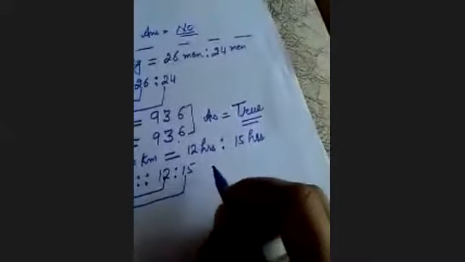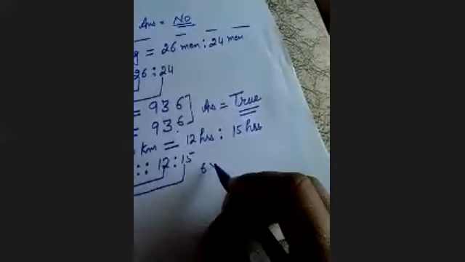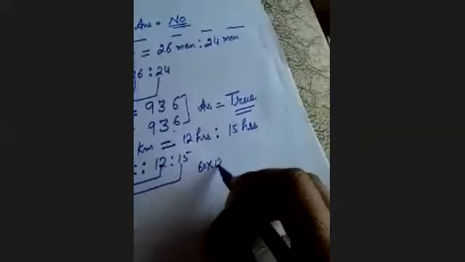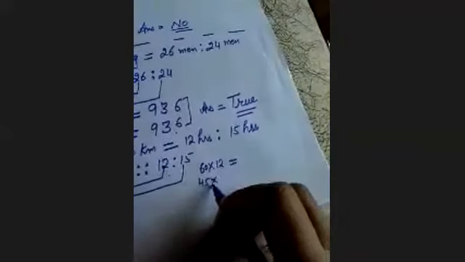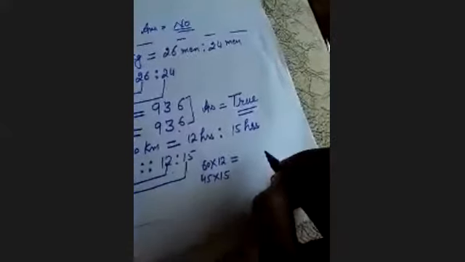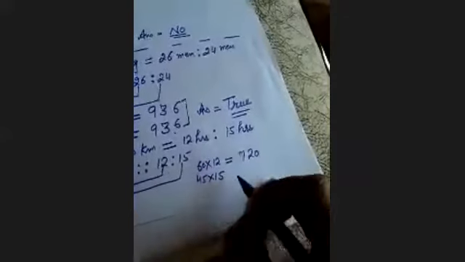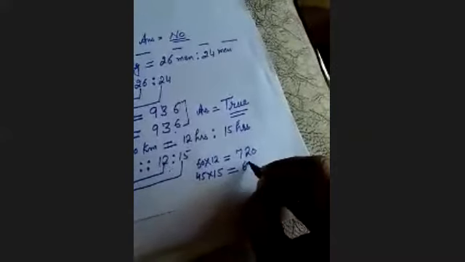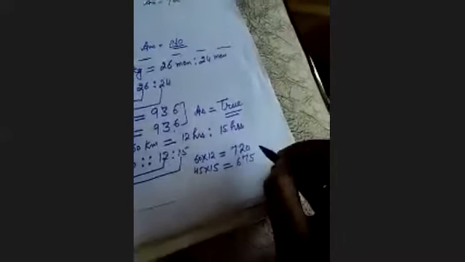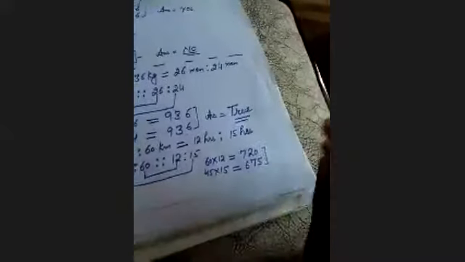Now we have 60 into 12 and 45 into 15. 60 into 12 we have 720, and 45 into 15 is 675. So the product of means and product of extremes is not equal.